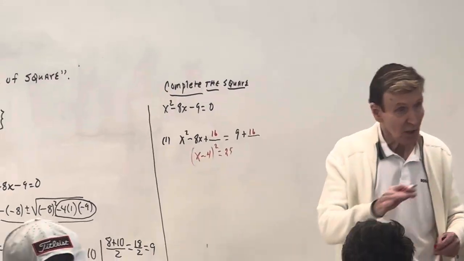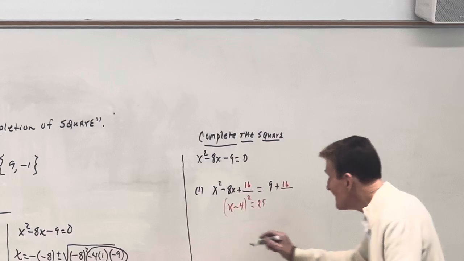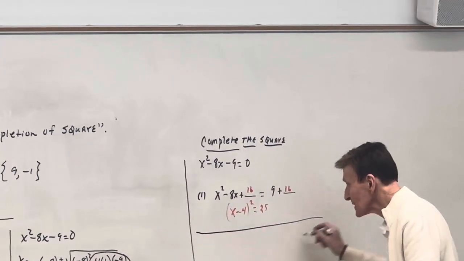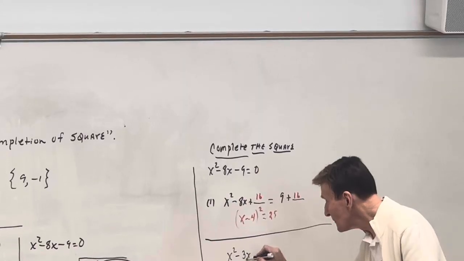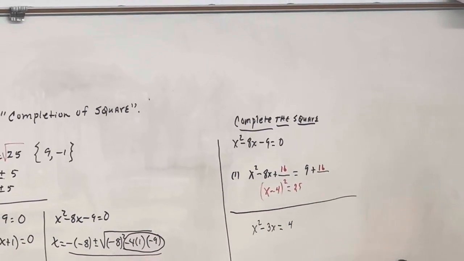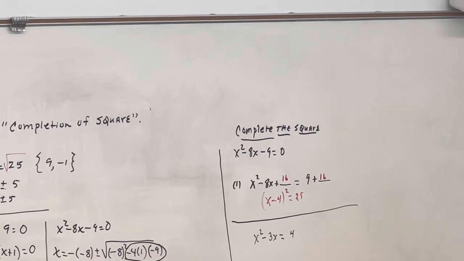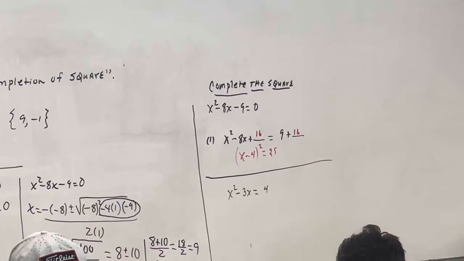Now, I'll give you another one here on the side. If it looked like this, let's throw some numbers at you. I'm going to do it by completion of the square. I'm going to take her beautiful suggestion.